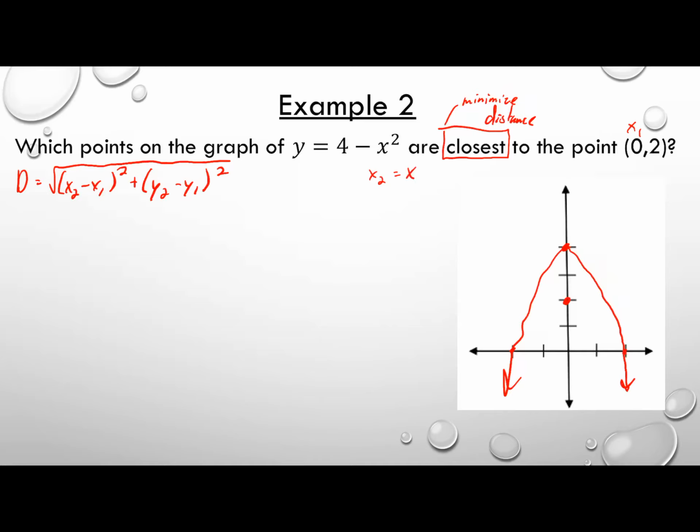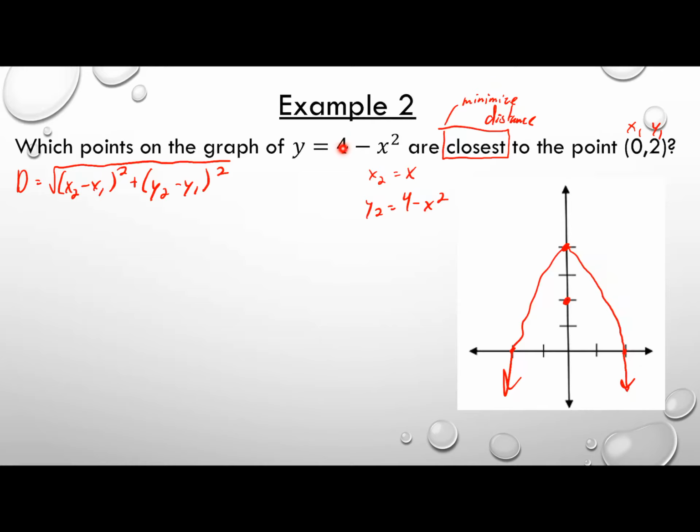And 2 is going to be our y1. What is going to be our y2 for this problem? Since the y values on this graph are all determined by 4 minus x squared, our y2 is just going to be 4 minus x squared.